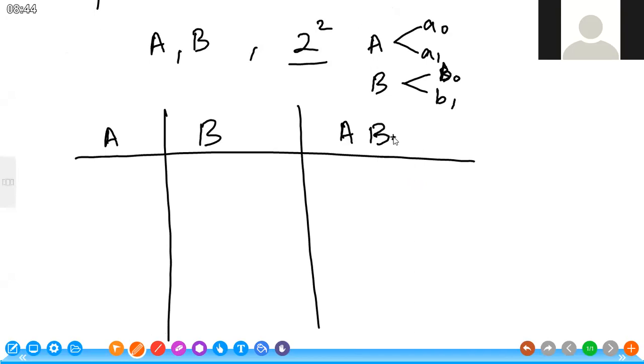Right? A, B. So here, A0, B0. Right? A0, B0, A0, B1, A1, B0, A1, B1.